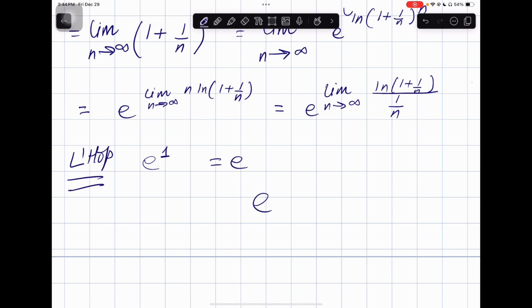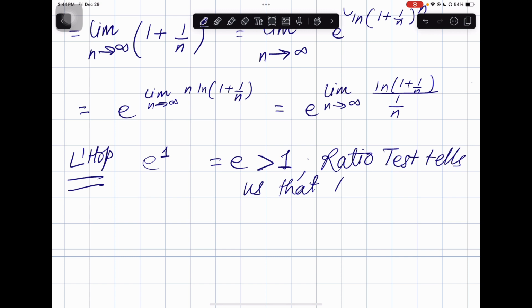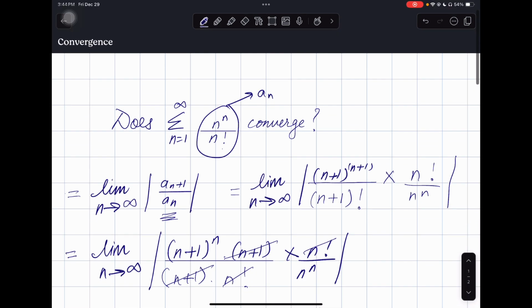Now, is e greater than 1? Yes, the numeric value of e is greater than 1, and therefore the ratio test tells us that the series diverges. Therefore, now we know that this series does not converge.